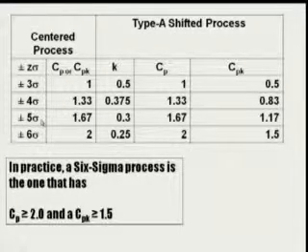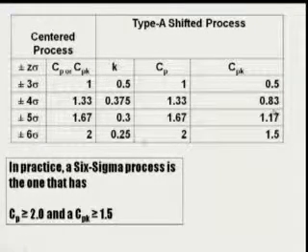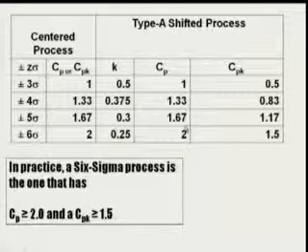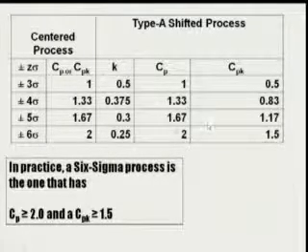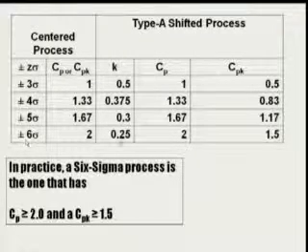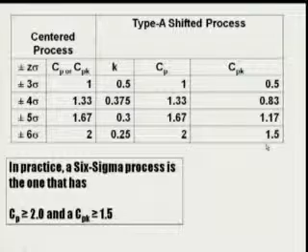For a 5 sigma process, the CP will be 1.67, and the CPK will be 1.17. For a 6 sigma process, the CP will be 2, and the CPK will be 1.5.